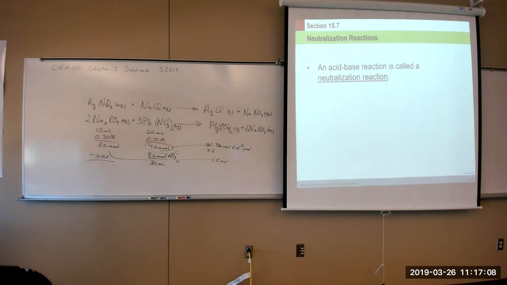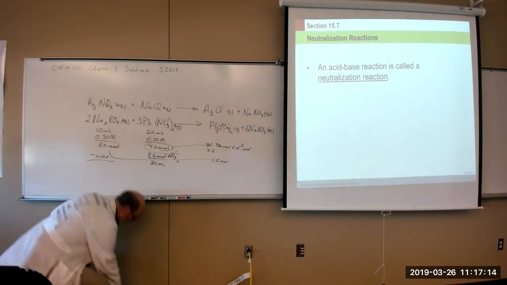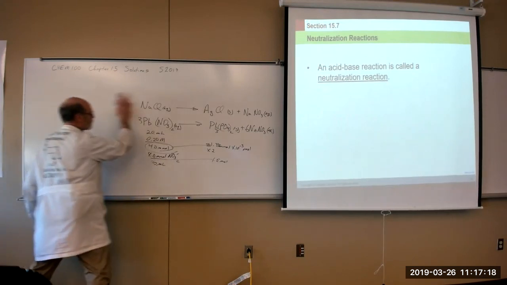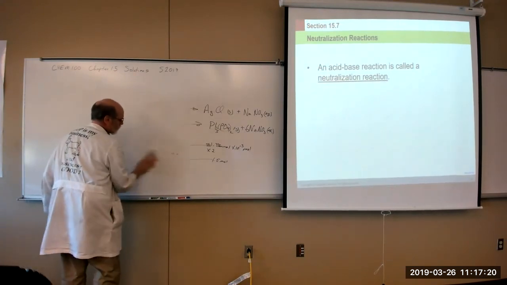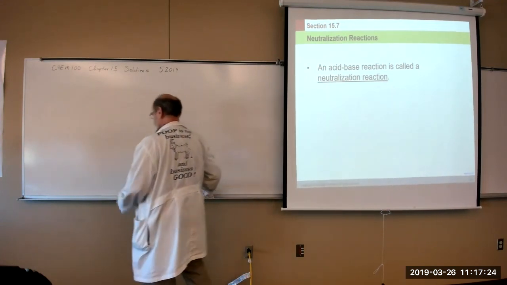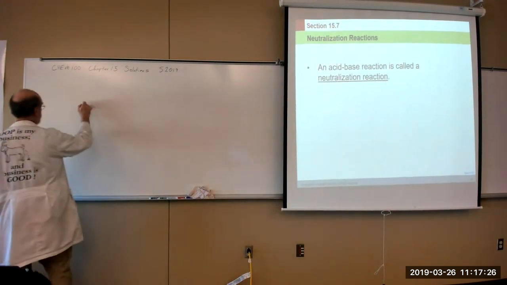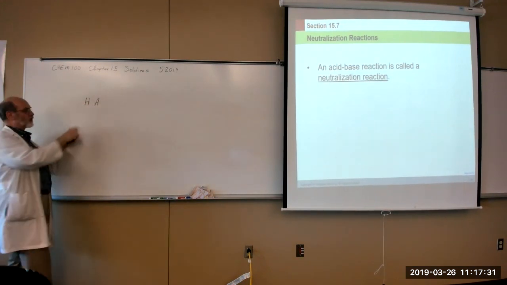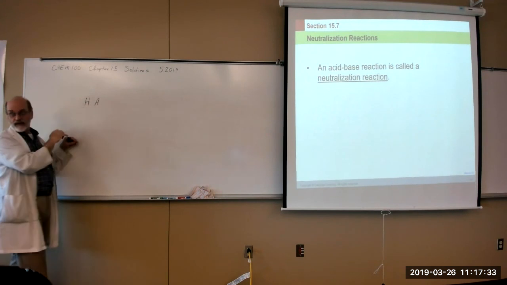Okay. Acid-base reaction is neutralization. To recognize an acid-base under most circumstances, but not all, your acid will be written with a proton, 1 or more protons, and then something else on the other side. So it could be 1, it could be 2, it could be 3.